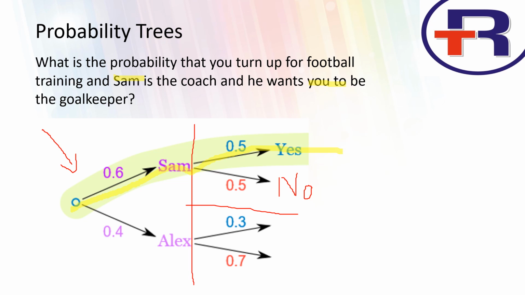And then, because we've got two events, the first event is who is the coach, that's 0.6. He says yes, you can be the goalkeeper, that's 0.5. And again, you just multiply them. 0.6 times 0.5 is 0.3. That's probability trees.